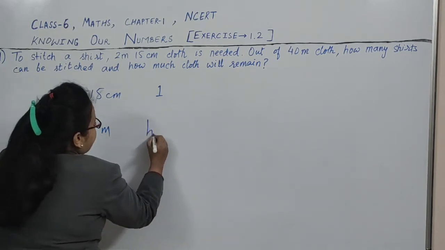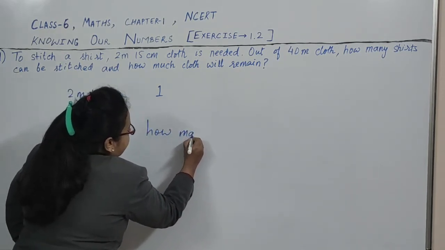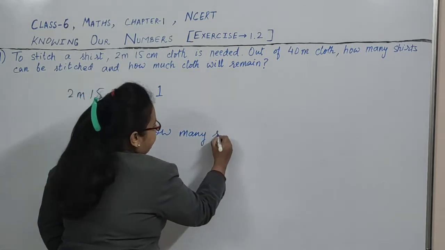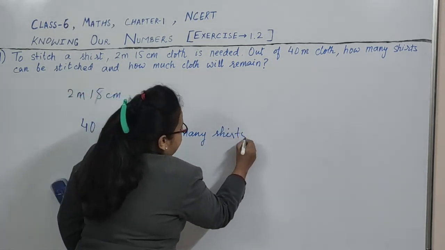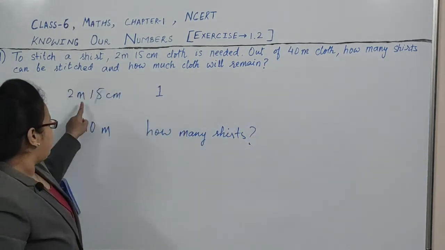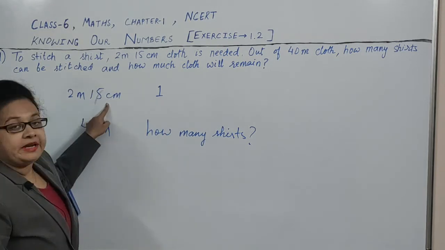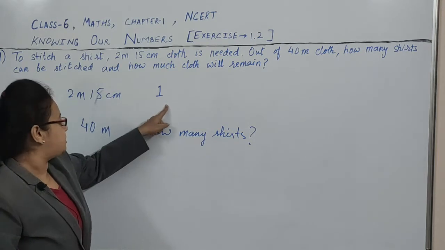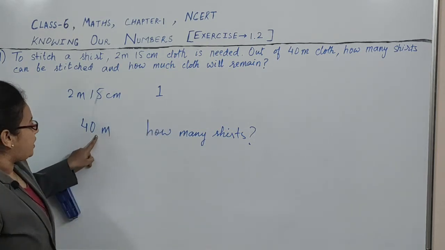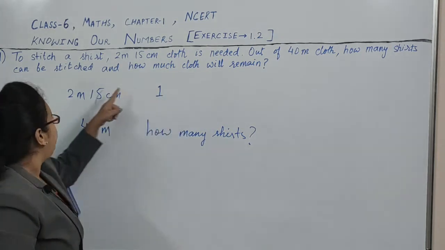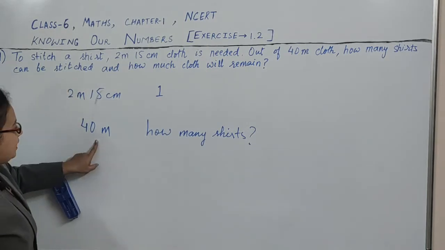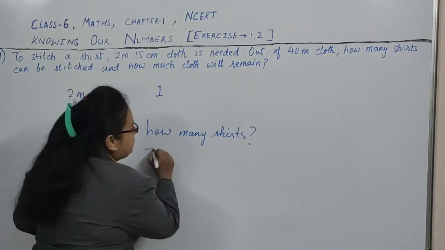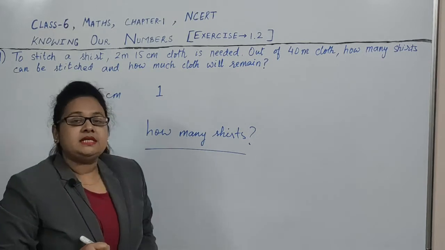Then how many shirts can be stitched? Okay, this is the question. In 2 meter 15 centimeter length one shirt can be stitched, and we have 40 meter. Out of 40 meter, how many shirts can be stitched?